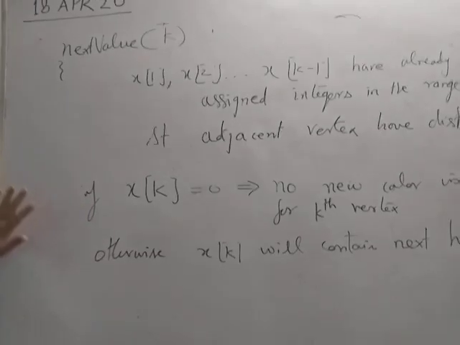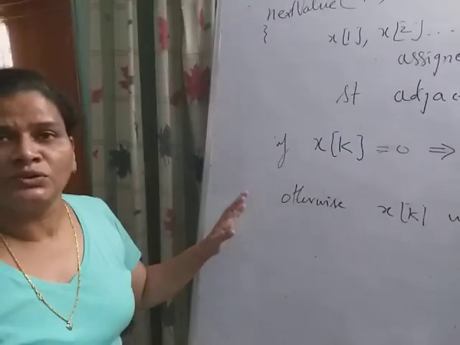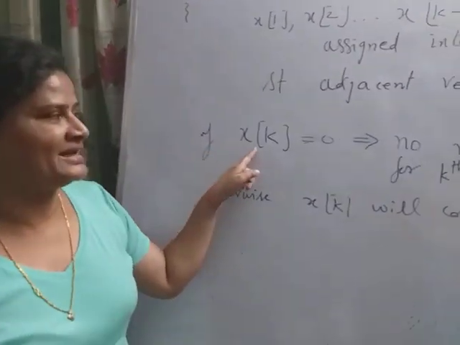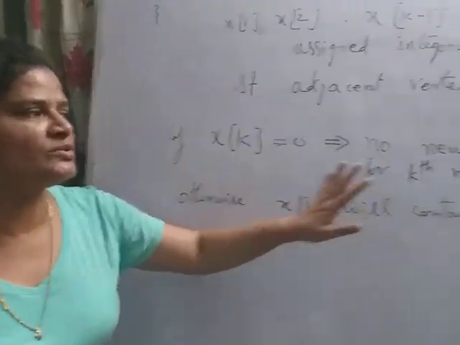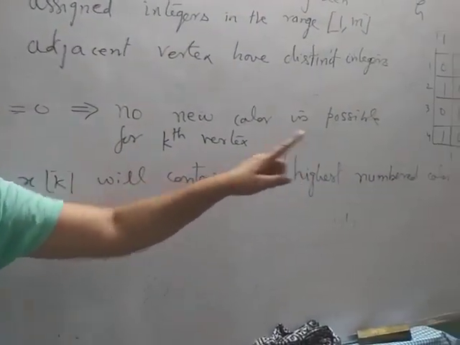Before calling this function, all the elements of the solution vector have been assigned 0. So if xk is 0, it means no new color is possible for the kth vertex. Otherwise, xk will contain the next highest numbered color.